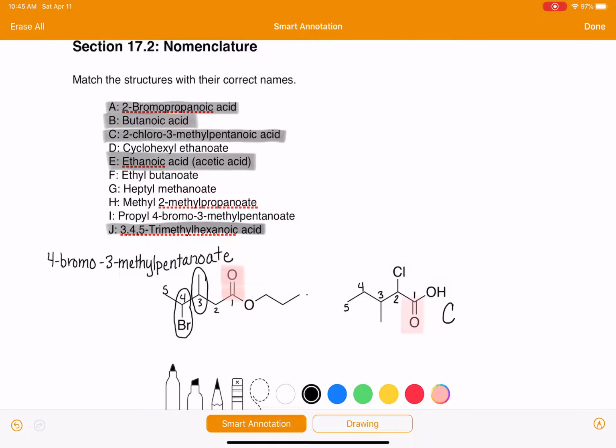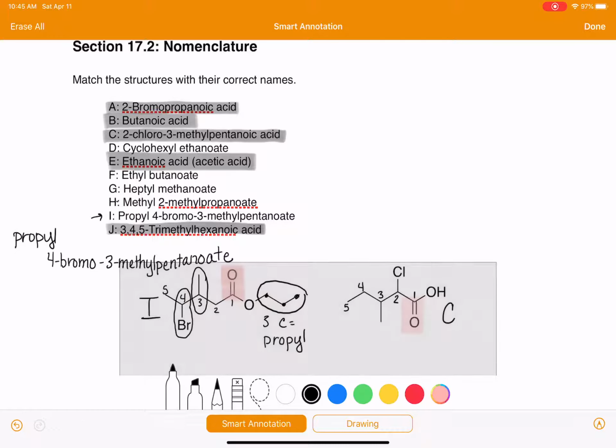And we are going to name the R group based on how many carbons there are. 3 carbons is propane, or propyl in this case. That comes in front, so we get propyl 4-bromo-3-methylpentanoate, which is I. That's tough. That's really hard to do.